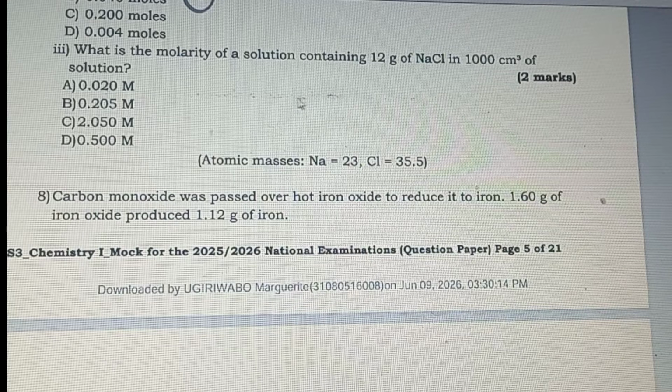Moles is 0.205 over volume. This volume is 1,000 centimeter cube. You can change this unit into decimeter cube, 1,000 centimeter cube is equal to 1 decimeter cube, and then use the calculation. You can get this B.